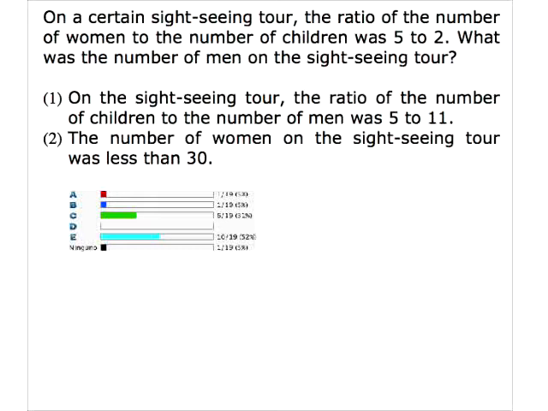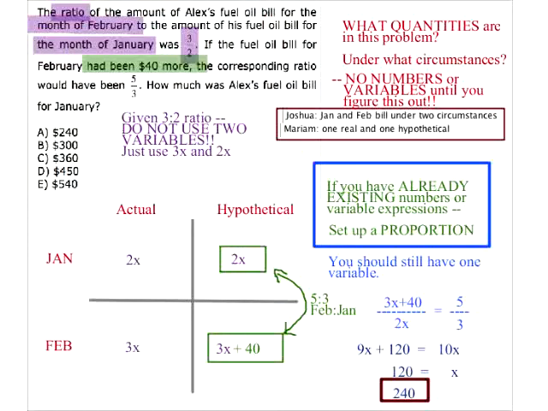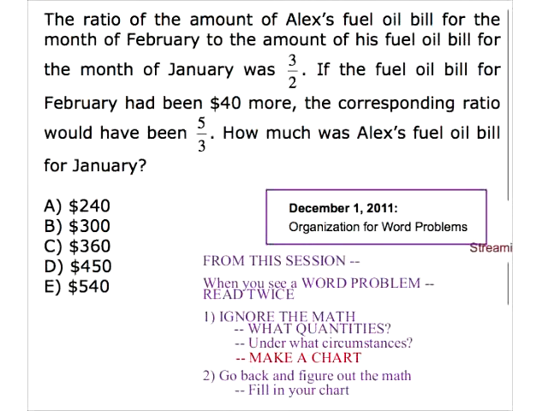Someone asked, do we use that chart approach? We made some comments on that, but just to rehash, the charting approach is that you want to make a chart anytime you have a word problem that has lots of words. So it's not unique to a ratio situation.